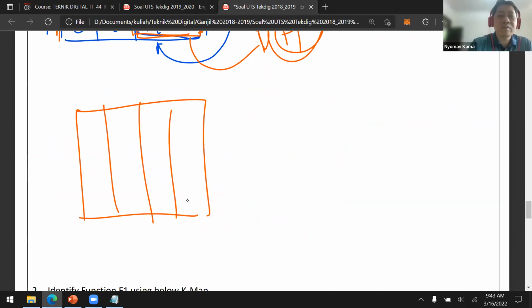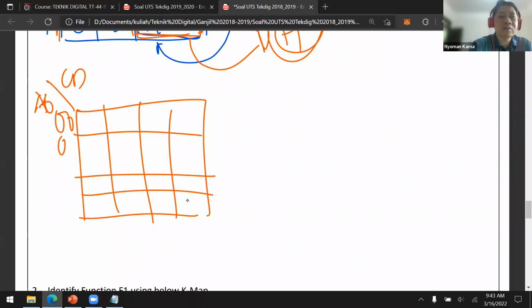I have a K-map. Let's say A, B, C, D, 0, 0, 0, 1, 1, 1, 1, 0, and 0, 0, 0, 1, 1, 1, 1, 0. Okay, I'm typing too fast. And then I have something like this.